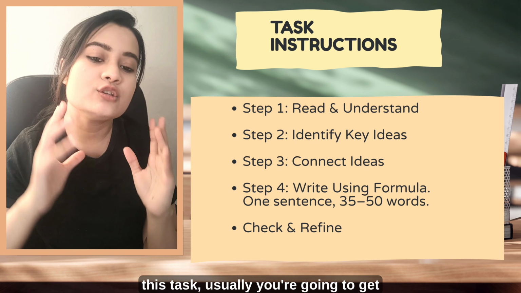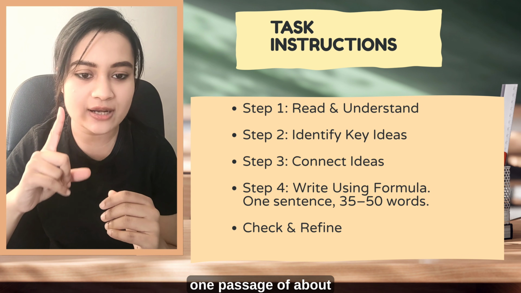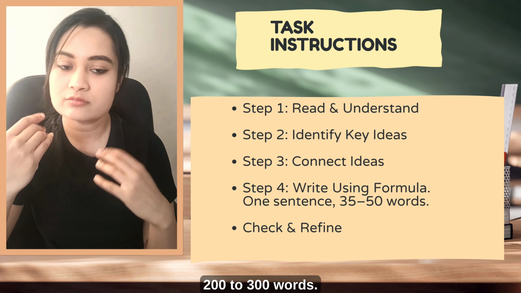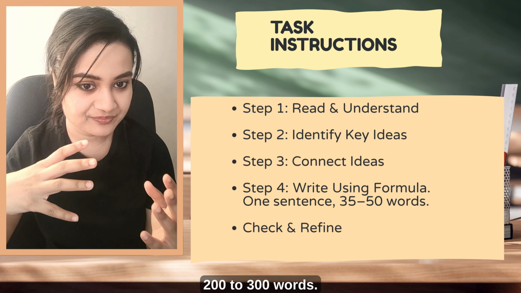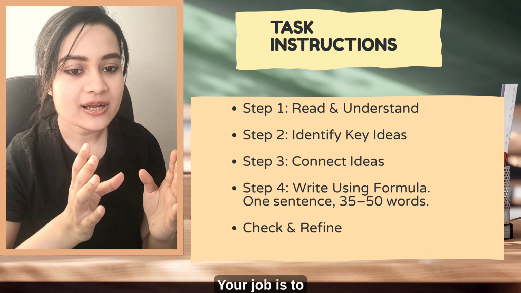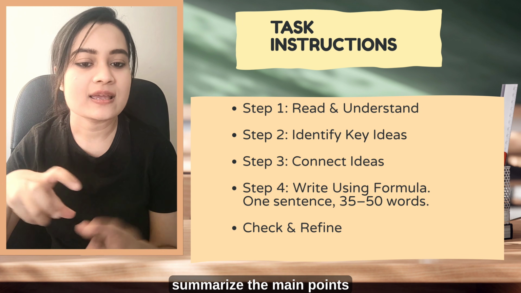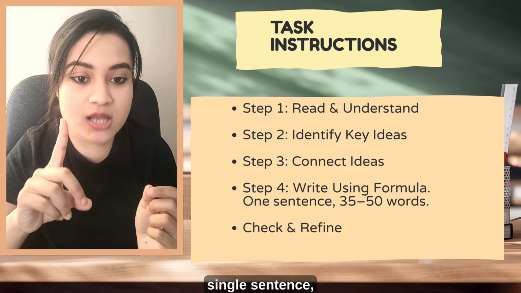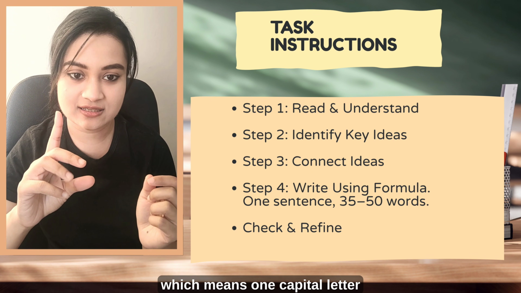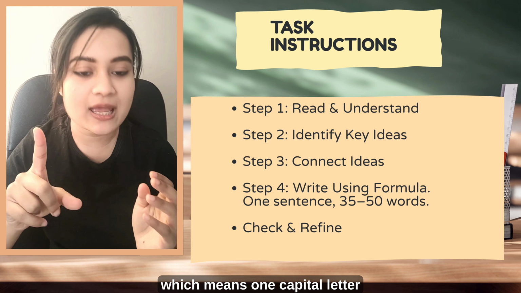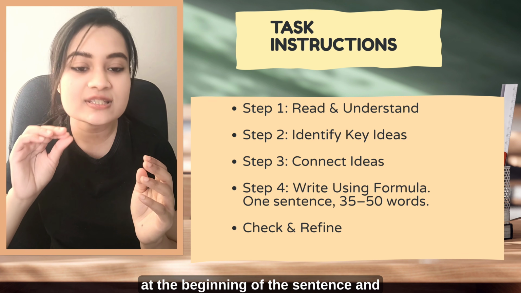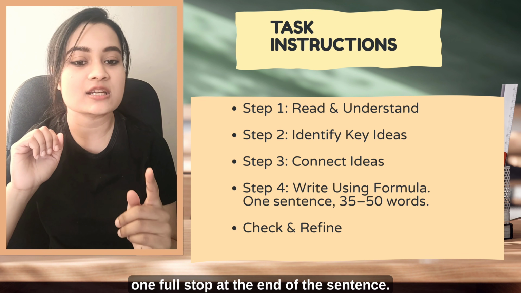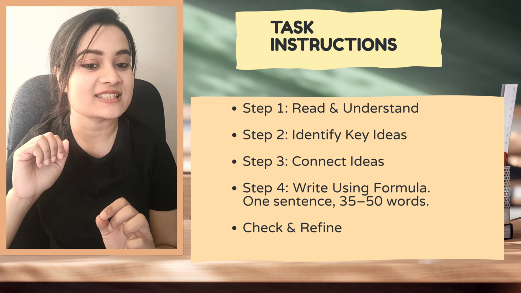In this task, usually you're going to get one passage of about 200 to 300 words. Your job is to summarize the main points from that passage into one single sentence, which means one capital letter at the beginning of the sentence and one full stop at the end of the sentence.